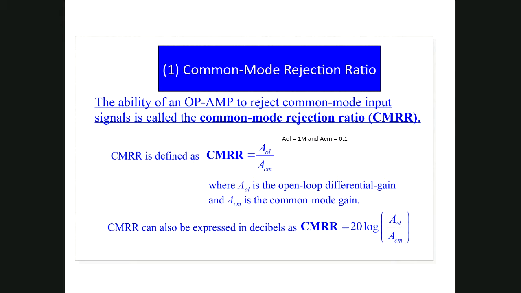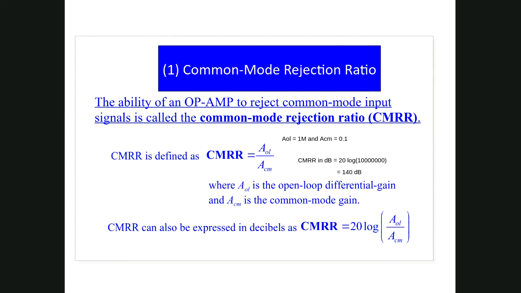So how much will be this value? I think this will be 140 dB. Correct? Good. Yes, everybody understands this. So that's all regarding CMRR.